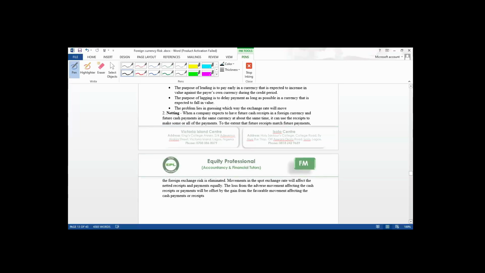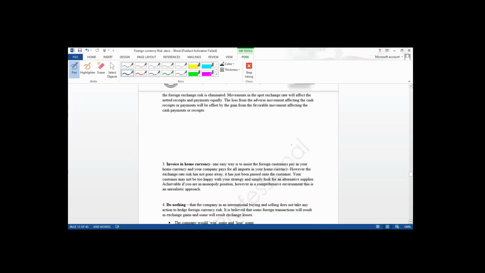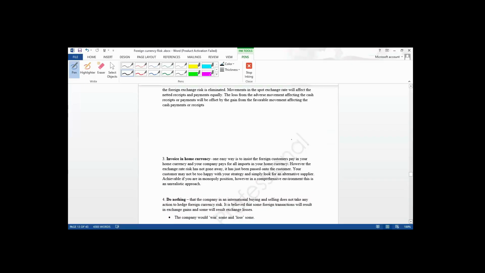Number 3, invoice in home currency. This simply means quote your invoice in your own local currency. You can insist that your foreign customer should pay you in your own local currency.